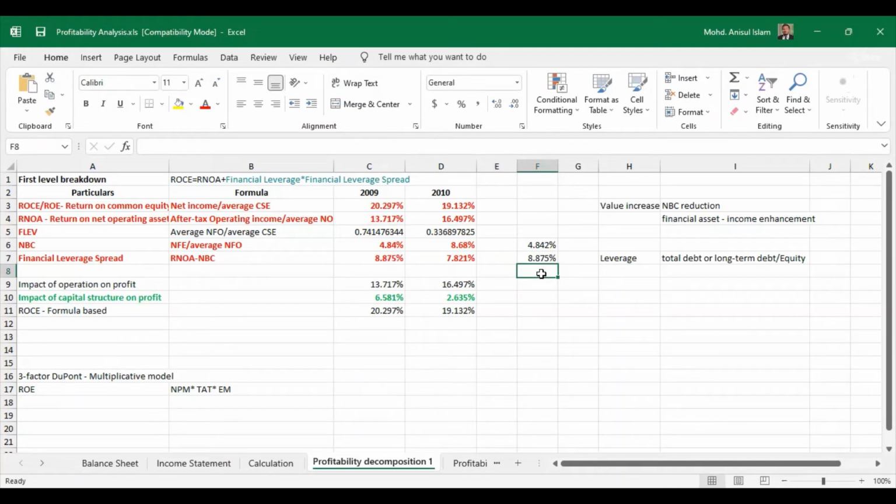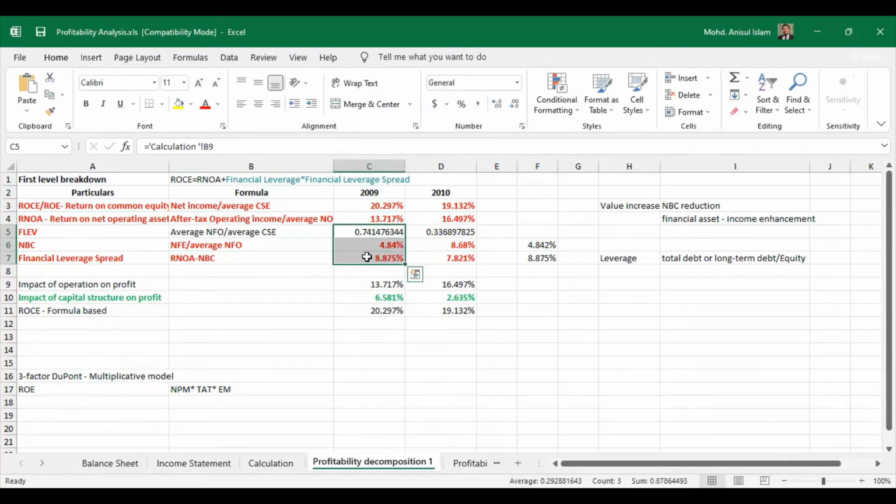So this spread is more precisely known as the financial leverage spread. What we have done here is subtract the net borrowing cost from the return on net operating asset.